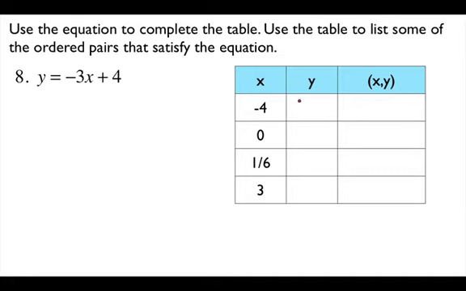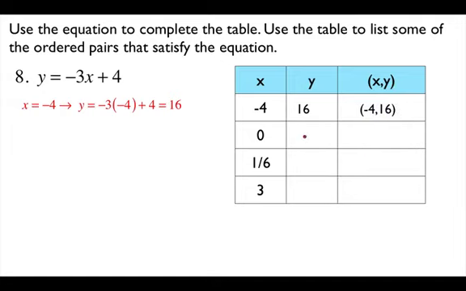So here we go. To find the first y value, I am going to substitute x equals -4 into my equation. Once I do that, you should be able to follow the operations here. Multiply, this is 12, 12 plus 4 is 16. So that's why the y value is 16, and the ordered pair is -4, 16.